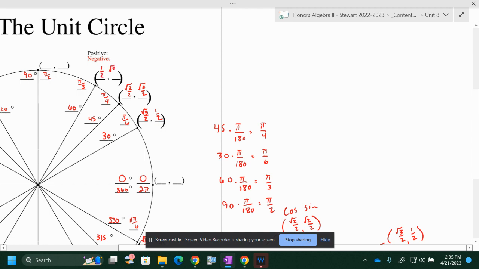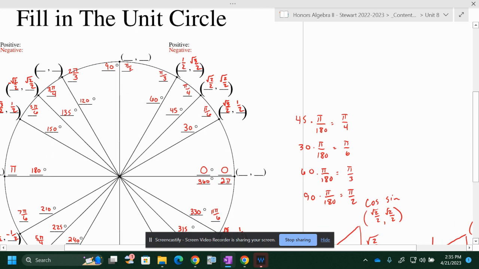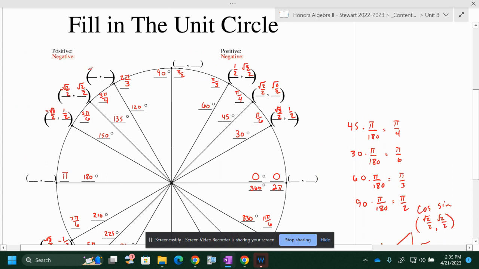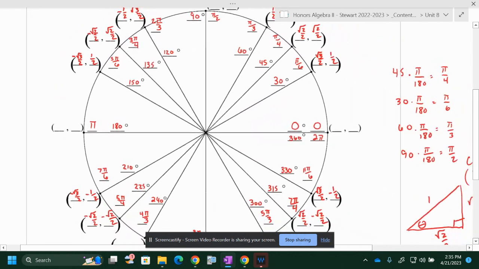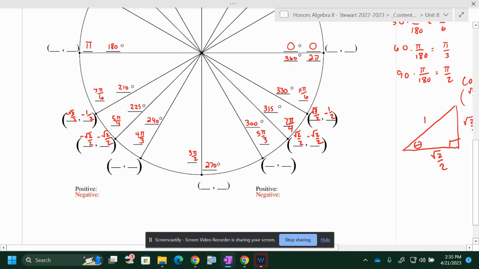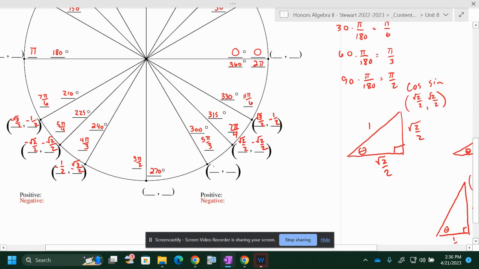So 1/2, square root 3 over 2, then negative 1/2, square root 3 over 2. Notice in my second quadrant, all my x values are negative. Might be something to memorize. Just like in the third quadrant, everything is negative. In the fourth quadrant, all my y's are negative.